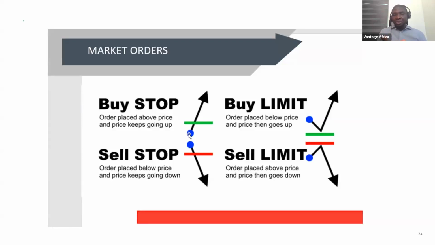So your pending order goes somewhere below current market price, even though you can see that price has already been selling. You expect price to continue to sell, right? So this is mainly used when you're expecting some sort of rapid movement in a particular direction.